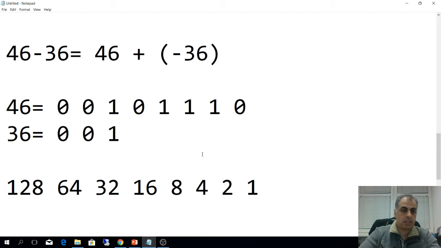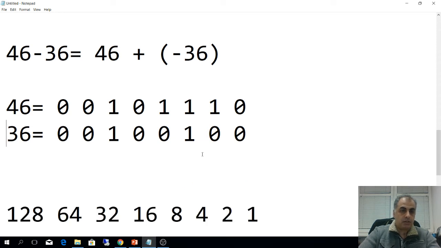When you take out 1 32 from 36, the remainder is 4. In 4, do we have any 16? No. Any 8? No. Any 4? Yes, 1 4. When you deduct 1 4, your remainder is 0. So you don't have any 2 or 1. Now we have found 36 as well.